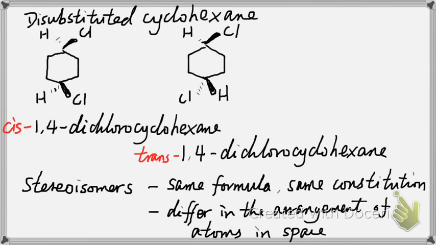All right, now let's draw the chair conformation of these compounds. Let's start with cis-1,4-dichlorocyclohexane. I'm going to draw one chair, and on carbon 1, I put one chlorine going up. Cis-1,4, the other chlorine will be on carbon 4, also going up.